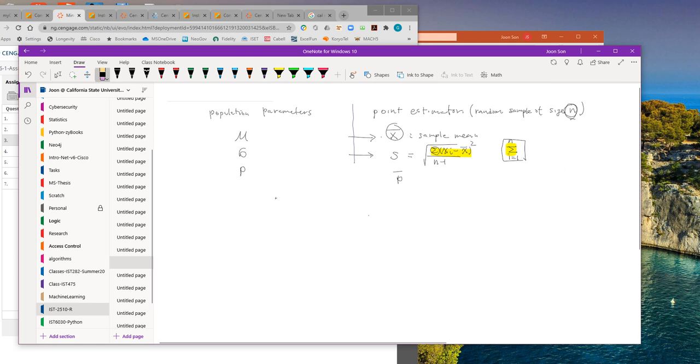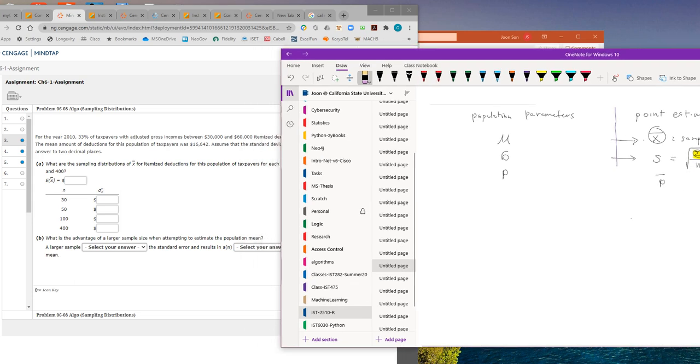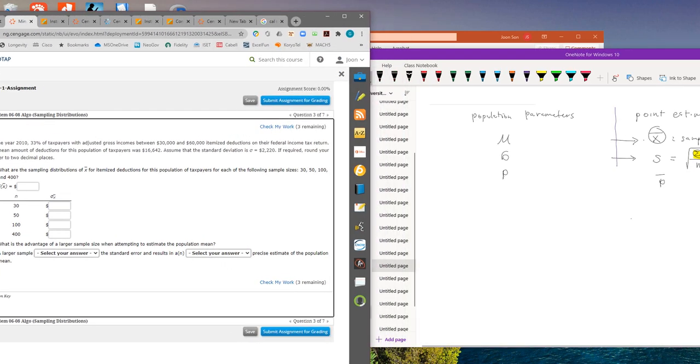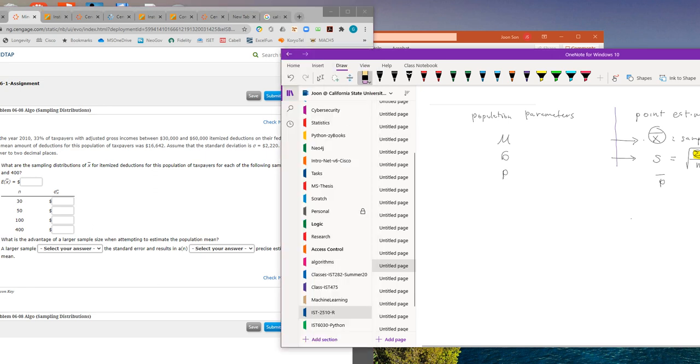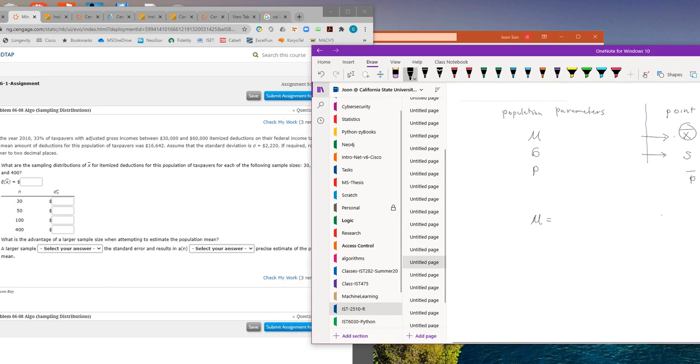So what is given is this mu, right? Let's just write it down. The mu is given, so the population parameters are given. What is given in this problem is mu, which is the population mean.